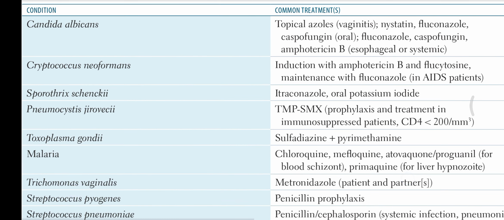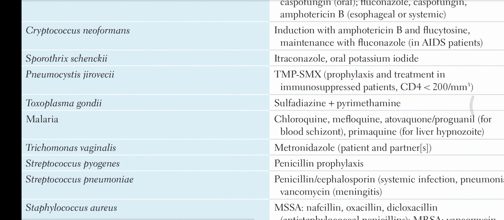Malaria: chloroquine, mefloquine, and atovaquone-proguanil are given for the blood schizont, and primaquine is given for the liver hypnozoite.